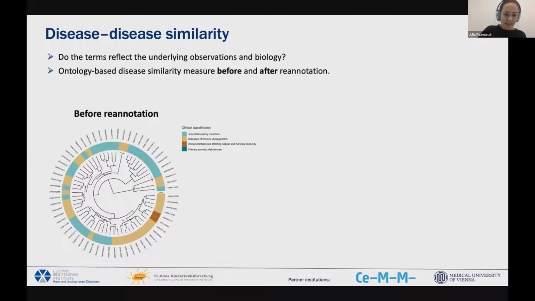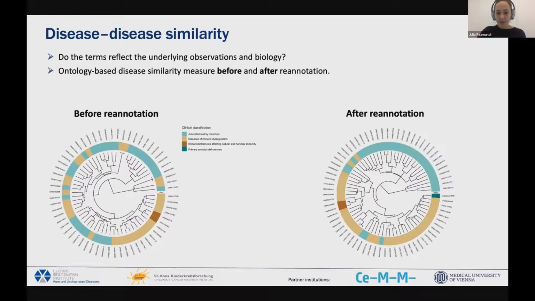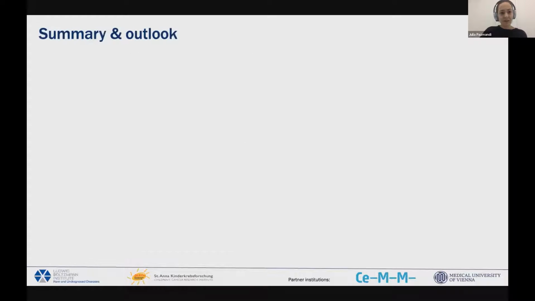And here, every single leaf is a disease. They're identified by their OMIM identifiers, and they're colored by which clinical subgroup they belong to in the IUIS classification. And what we see after reannotation is that those diseases which belong to the same clinical subcategory are more similar phenotypically based on HPO after reannotation as compared to before. So it looks like we are going in the right direction.